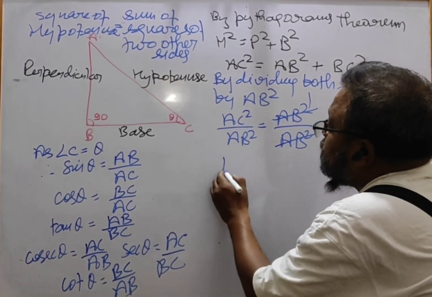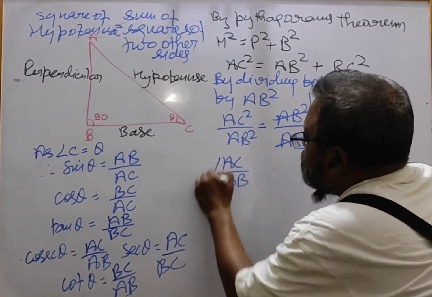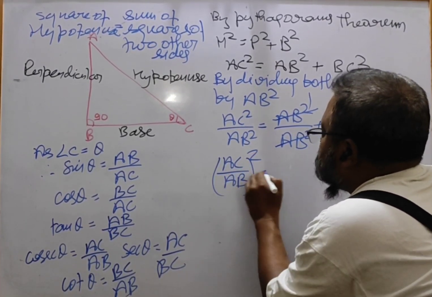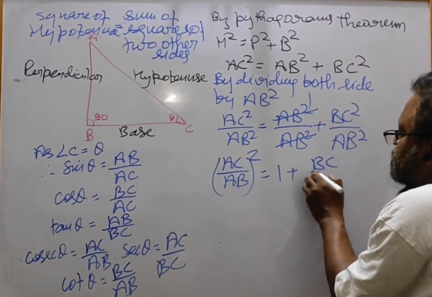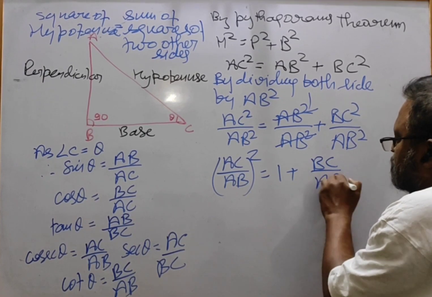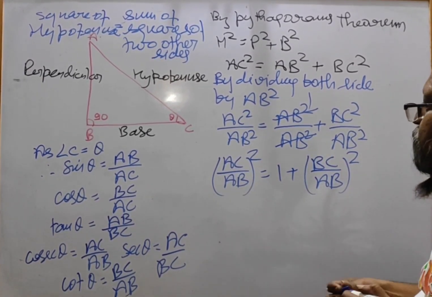We can write AC upon AB whole square is equal to 1 plus BC upon AB whole square. Could you tell me what is AC upon AB?